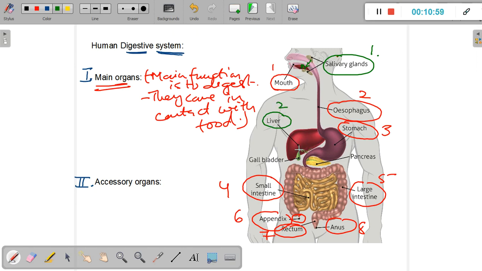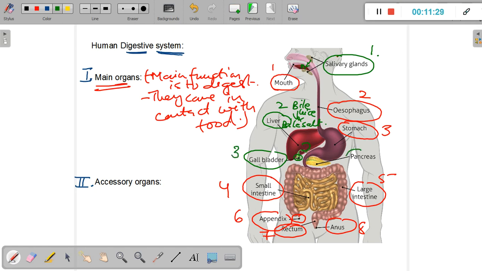Now liver never comes in contact with the food, but it produces something called the bile juice and bile salt. And these salts and bile juices are very important for digestion. These are sent to the gallbladder. The liver produces bile juices and bile salts and sends them to the gallbladder where they are stored. And again, gallbladder never comes in contact with the food. So this is the third accessory organ.